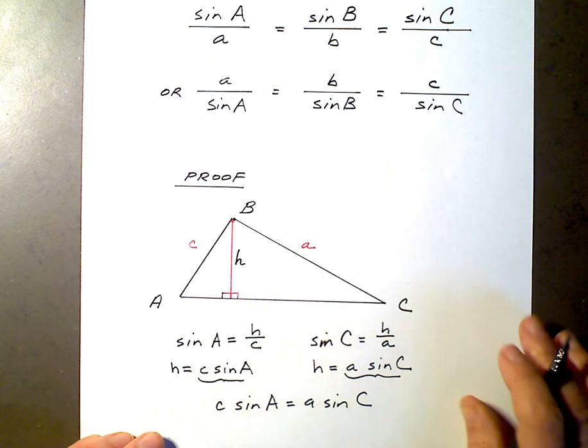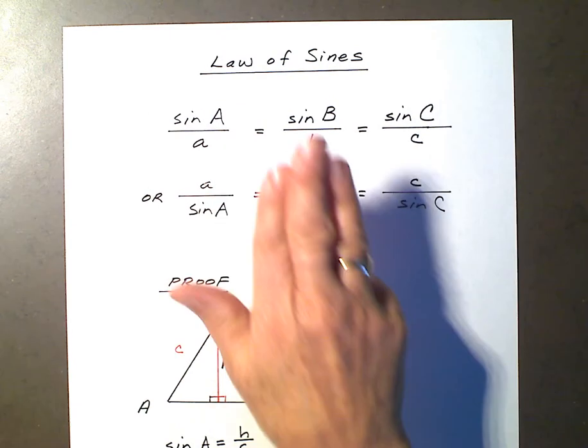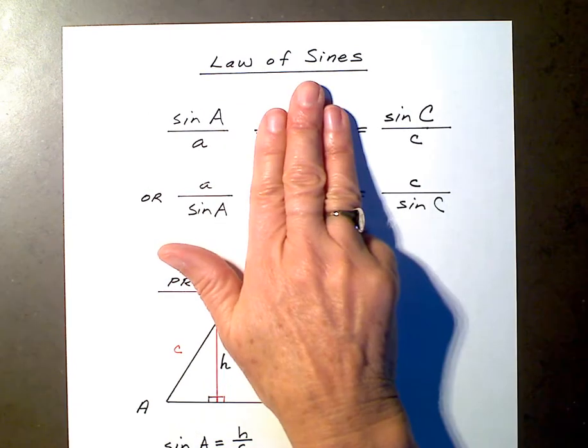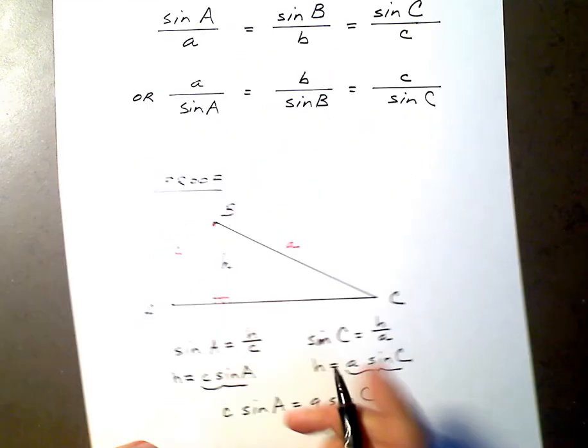And then, finally, to achieve that equality, that the sine of angle A over A is equal to the sine of C over C, I can simply divide.